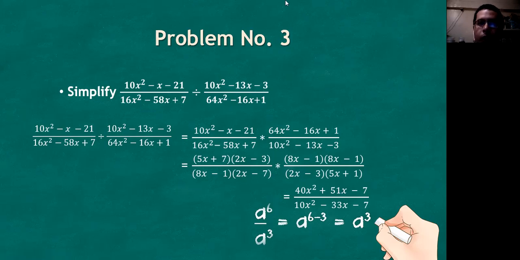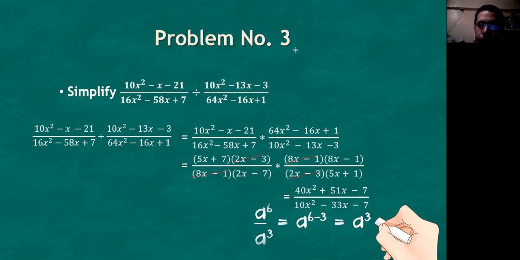So canceling out the common factors there. We have 8x minus 1, this should be canceled out. 2x minus 3 is canceled out as well.